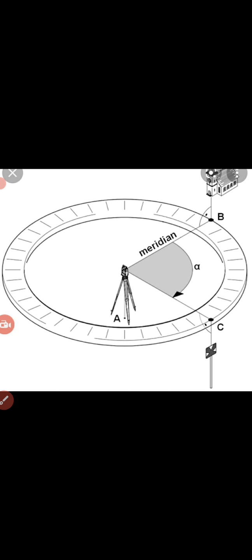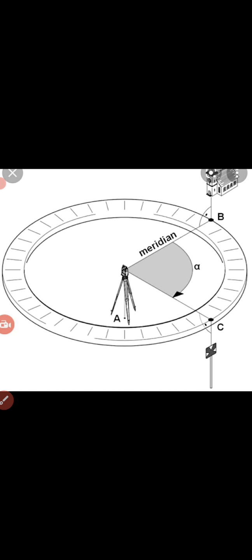Again loosen the lower, turn the telescope, sight to C, clamp the lower. For fine adjustments you can use the lower tangent screw. Unclamp the upper, turn the telescope and sight to B, clamp the upper. For fine adjustments you can use the upper tangent screw. Note down the reading. Now this is the third time we are measuring the same angle CAB.